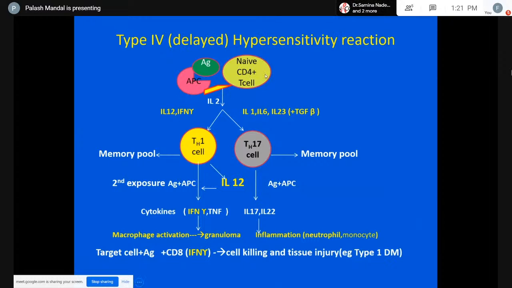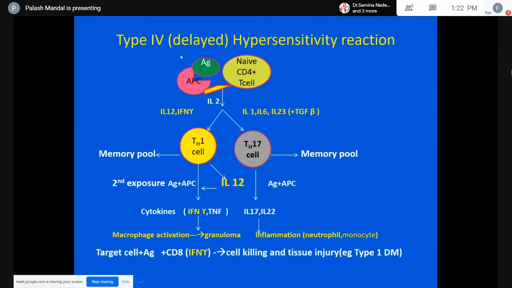Naive means innocent. Innocent means the cell has never been exposed to some antigen. Had it been previously exposed to an antigen, it would not have been naive. So naive means immature, a person who does not know anything. The word can be used in different ways. So that is a naive CD4 T cell.